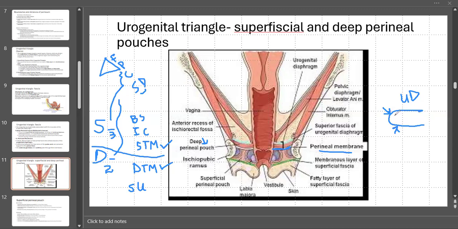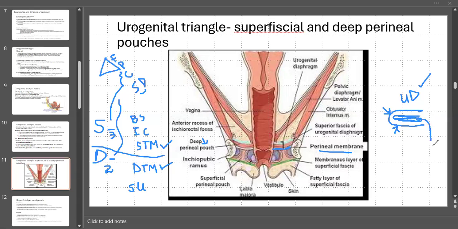You are eating this sandwich and you have filled your sandwich with the meat. Now, if we have called urogenital diaphragm and its content a sandwich, we will understand what is the name of the lower slice of the bread, what is the name of the upper slice of the bread, and what we call the inside material.